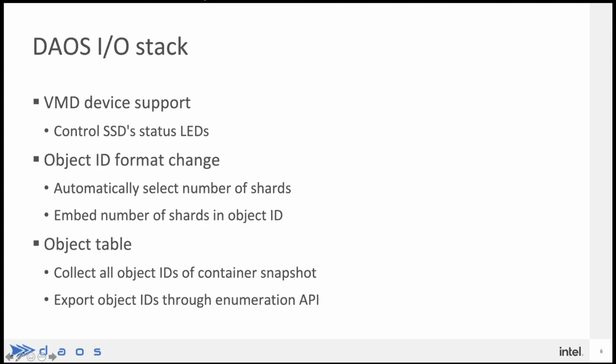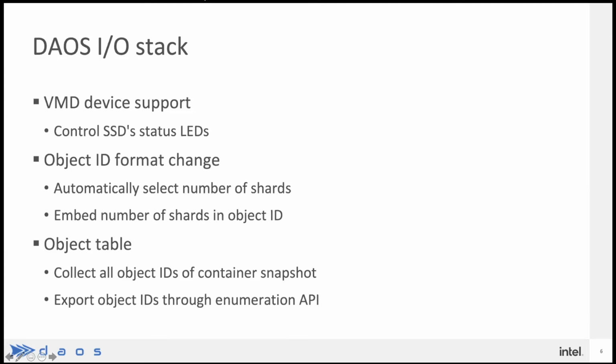With this change, for example, DFS can find out the number of engines in the system while opening a container, and encode the actual number of shards in the OID based on the performance requirement while creating a file object. So the user can always achieve the required performance from the file object.